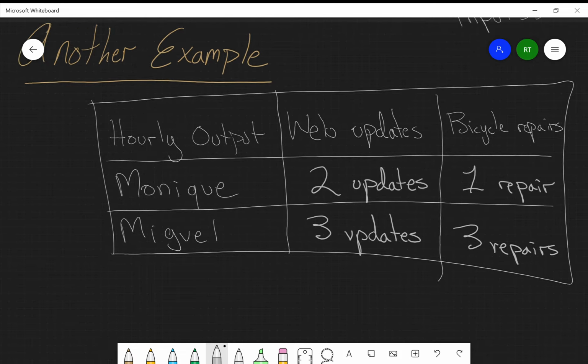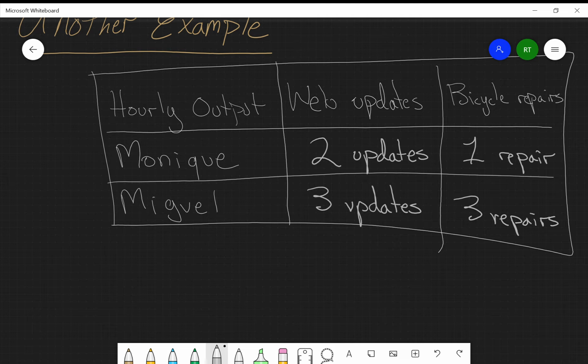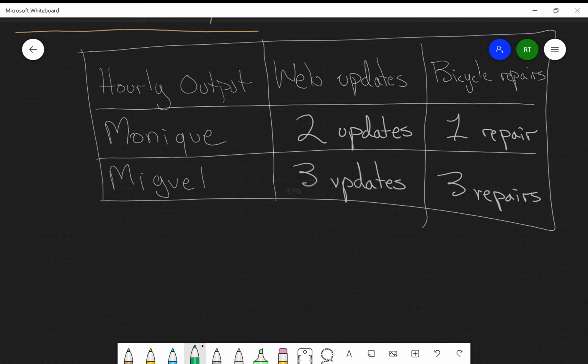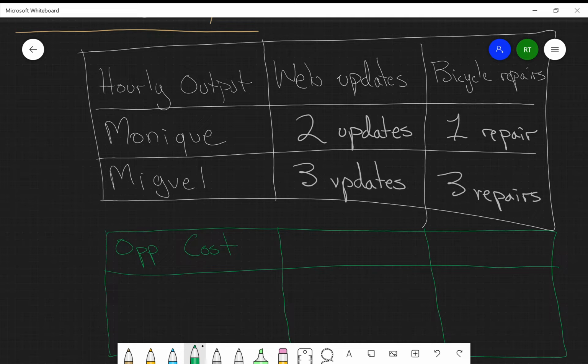So, to figure that out, we have to figure out the opportunity cost per unit. So we'll make another chart here, the op cost table, rather. It's not a chart. We'll keep it the same.